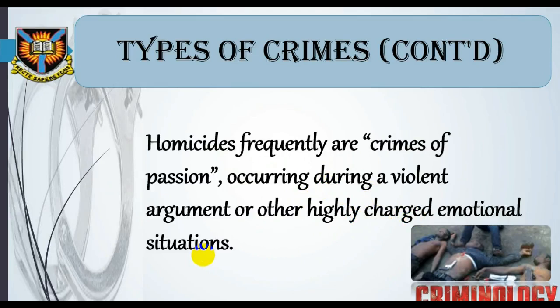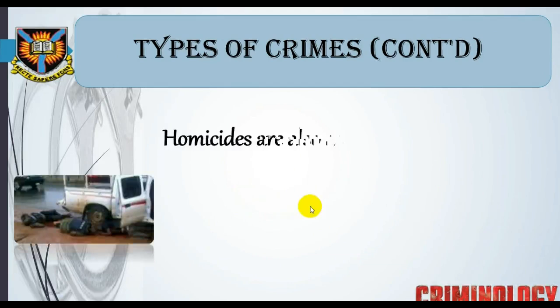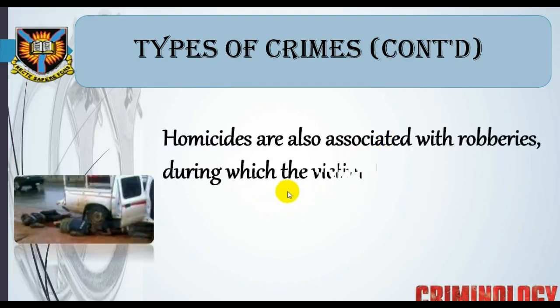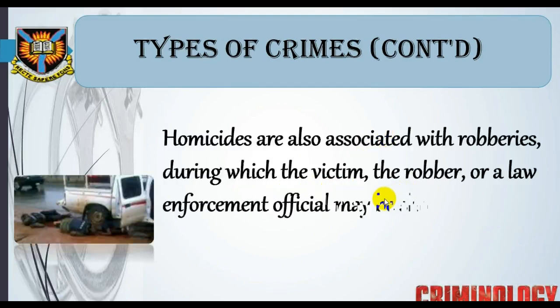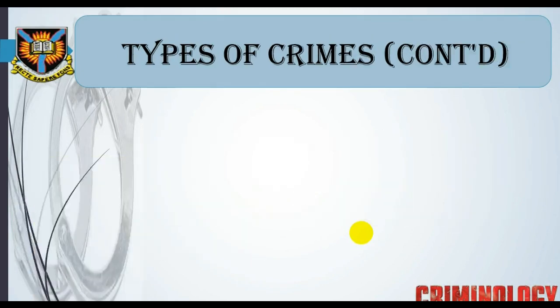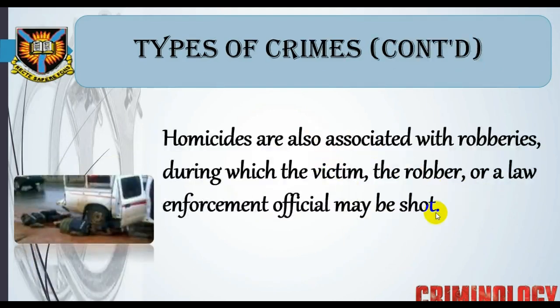Yet, some homicides are carefully planned and premeditated, including gangland killings, killings to obtain an inheritance, and mercy killings. Homicides are also associated with robberies, during which the victim, the robber, or a law enforcement official may be shot.